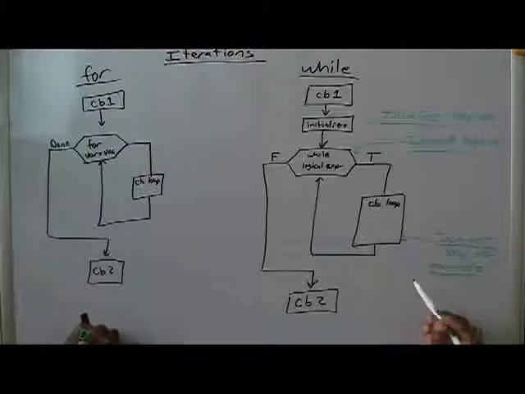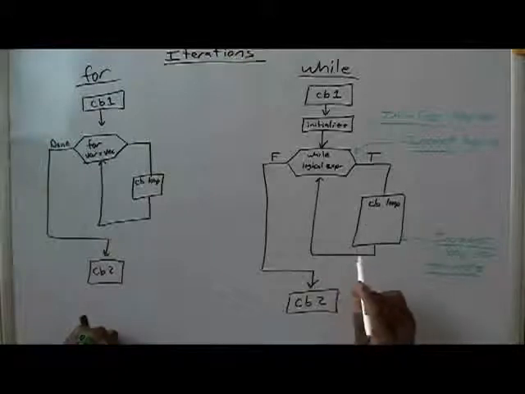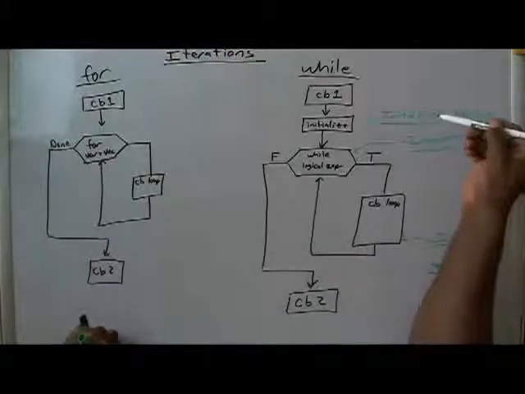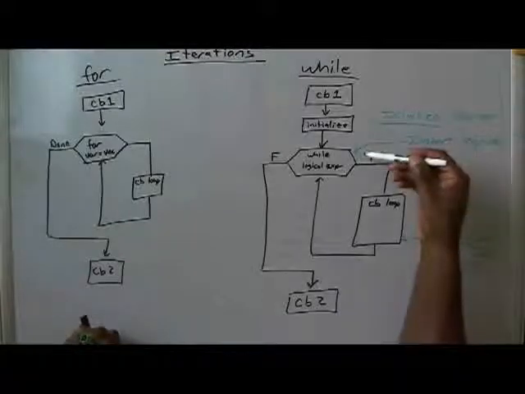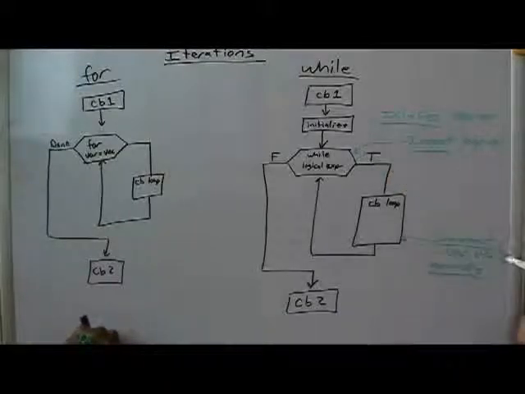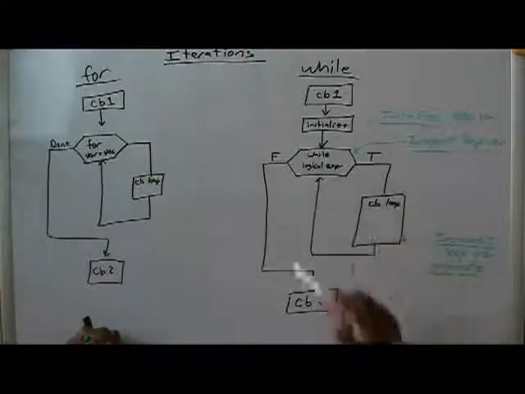There are some conditions when you don't want this to ever equal false, but we're not going to talk about that right now. So once again, you initialize your loop variable, you inspect it to see if you've reached your terminating condition, and then when you're inside the loop, you must increment your loop variable so that at some point this logical expression will be false, and that will terminate the loop.